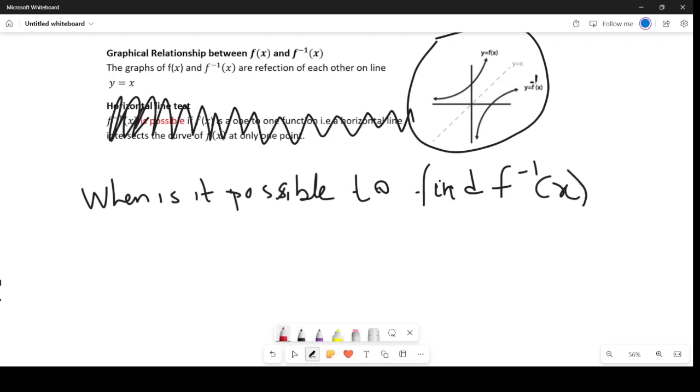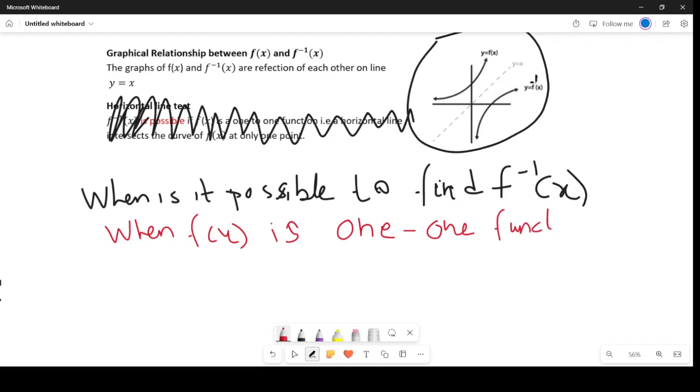It's possible only when f(x) is a 1-to-1 function. Now what's a 1-to-1 function?